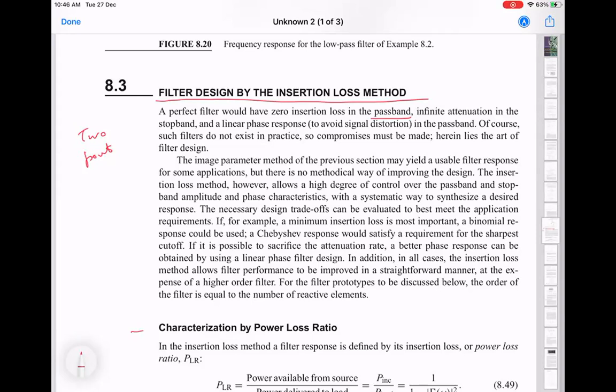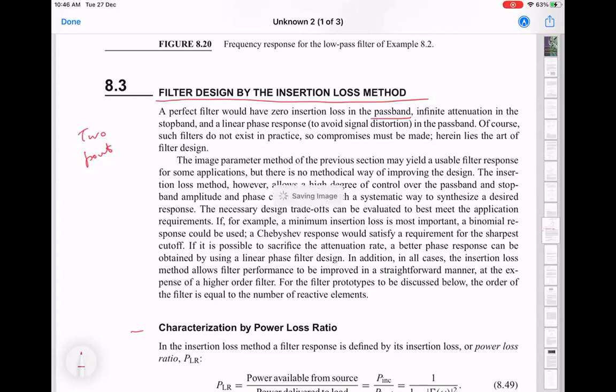That's what you're mostly interested in. The perfect filter will have zero insertion loss, which means the transmission coefficient is unity in the frequency range where you want the signal to propagate, and infinite attenuation in the stop band, which means anything outside the range of frequencies you're interested in doesn't propagate at all. It's completely filtered by the filter.